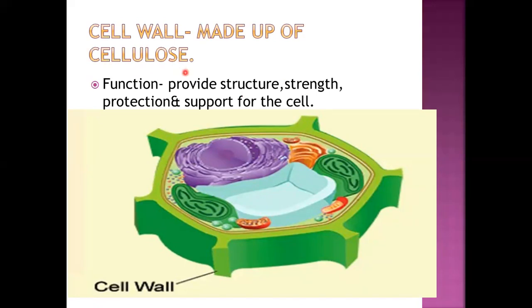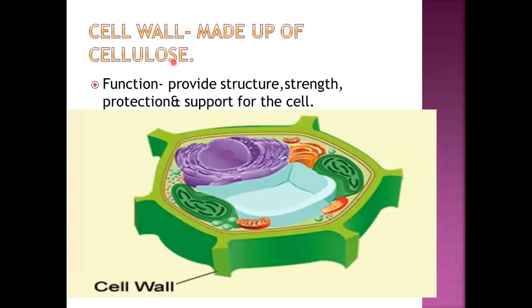In bacteria, the cell wall is made up of different material, and fungi also. In a fungal cell wall, it is made up of another chemical or carbohydrate called chitin. In bacteria, the cell wall is made up of peptidoglycan. So cell wall is present in plants, bacteria and fungi, but the component with which it is made is slightly different.